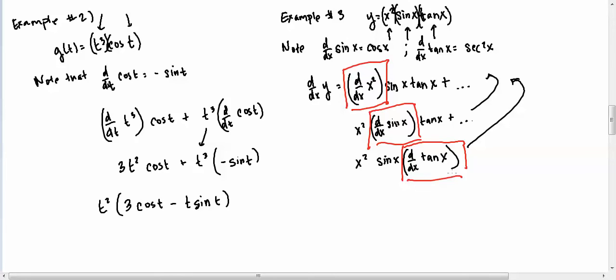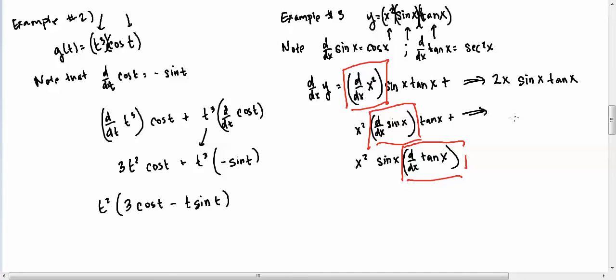All right, so let's get some room here. And then in the end, I'm going to add up each of these things. All right, so the derivative of this is pretty easy. This is 2x, and then the other two things: sine of x, tangent of x.